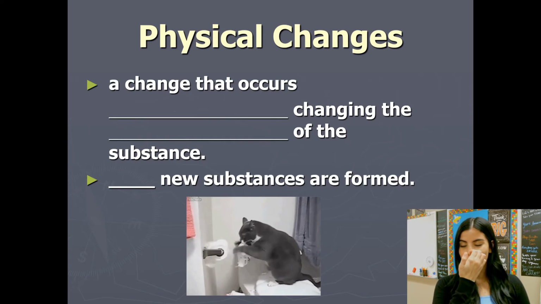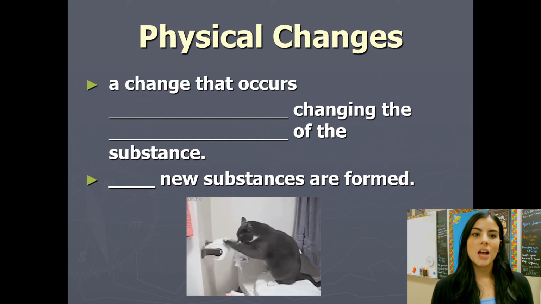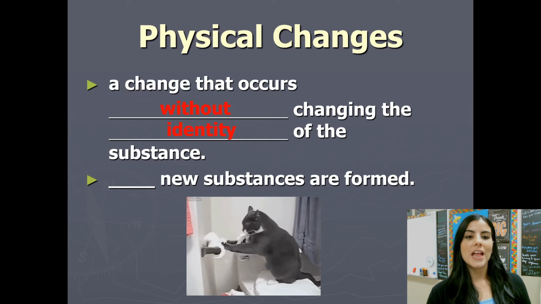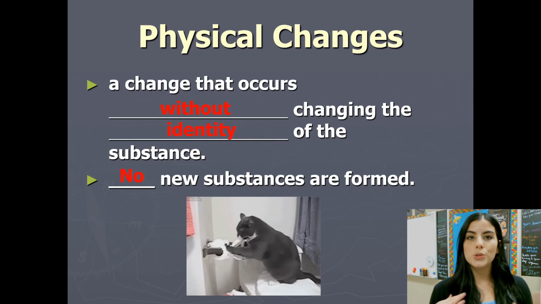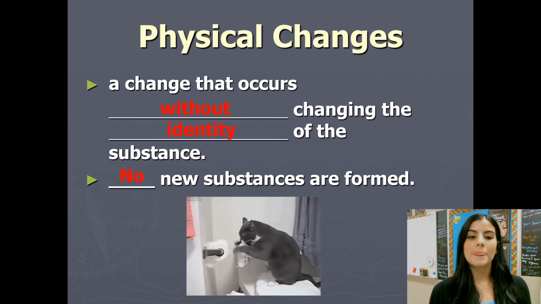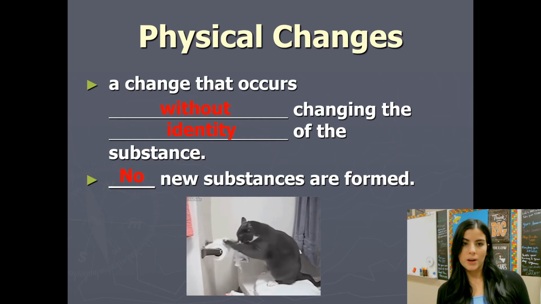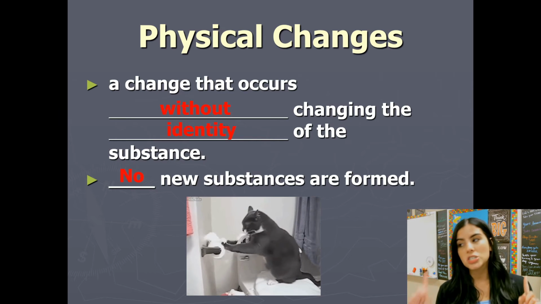Okay, now let's talk about physical and chemical changes. So a physical change is a change that occurs without changing the identity of the substance. No new substances are formed. So, for example, this cat tearing up the toilet paper is a physical change. Yes, it is still toilet paper, but it does not look the same.